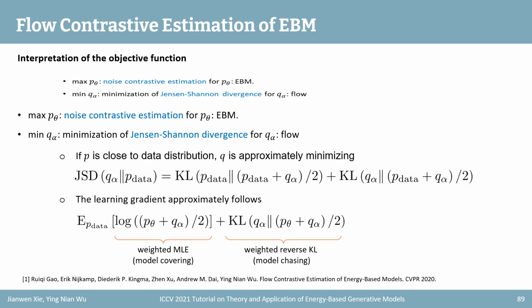For this energy-based model, it just follows noise contrastive estimation, where the noise distribution is this flow-based model. But the learning of the flow-based model is actually minimizing a so-called Jensen-Shannon divergence from this Q alpha to the P data, assuming that the energy-based model is a very good surrogate for the data density.